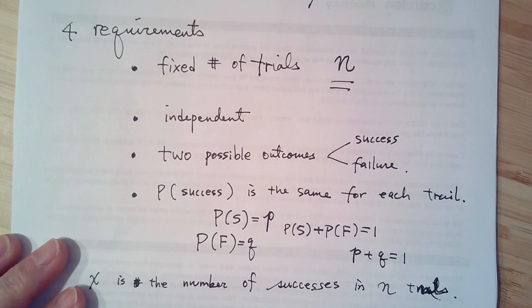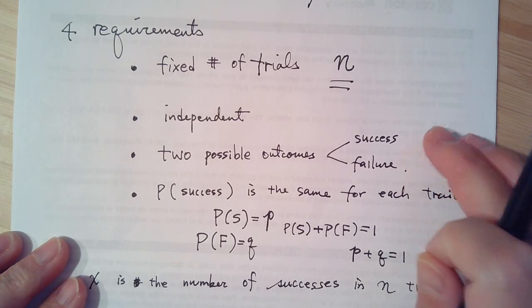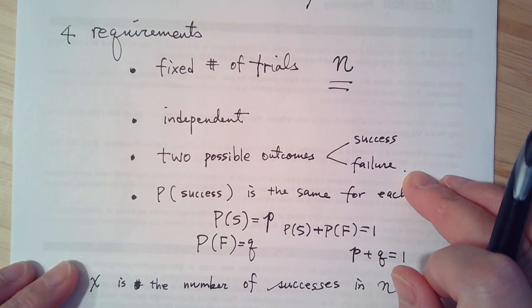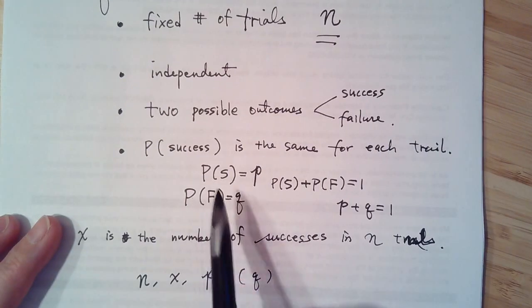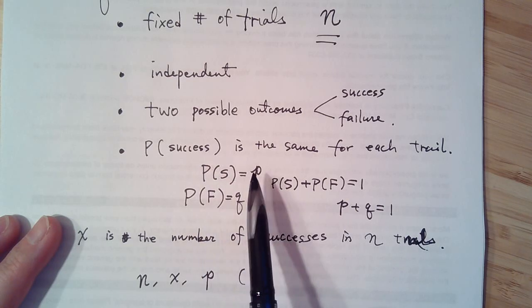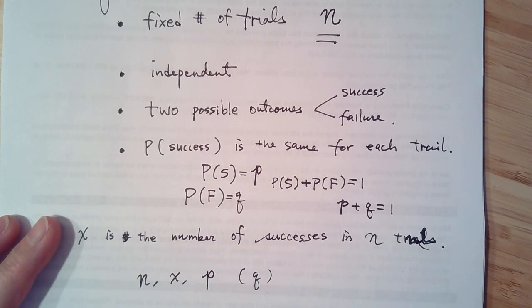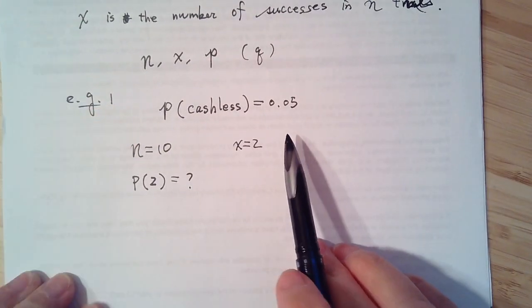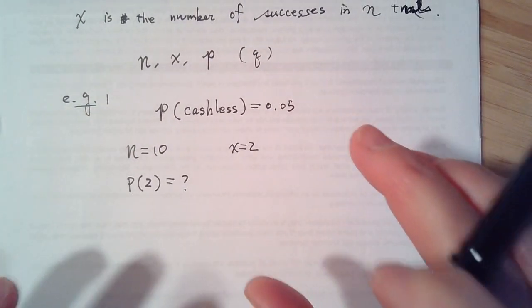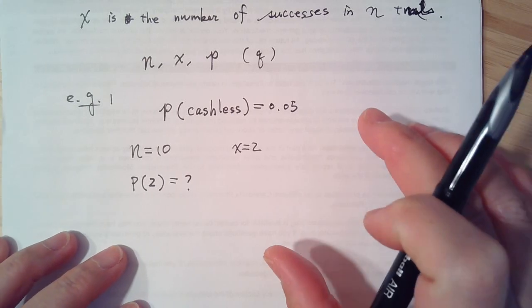What are the two possible outcomes? Yes or no. In our case, the success is cashless, and the failure is with cash. And the probability of success is the same for each trial. What is that? 5%, so 0.05. This is a very good example of a binomial distribution.